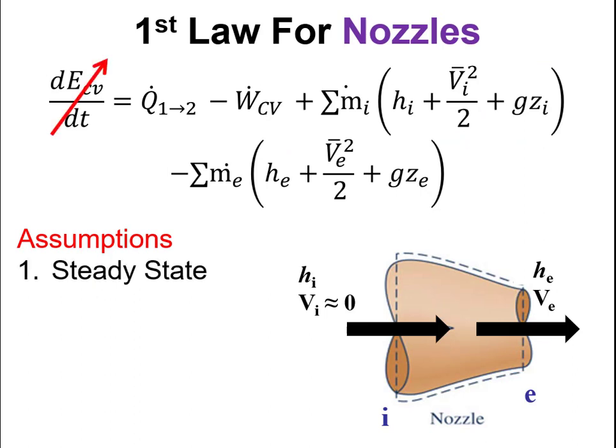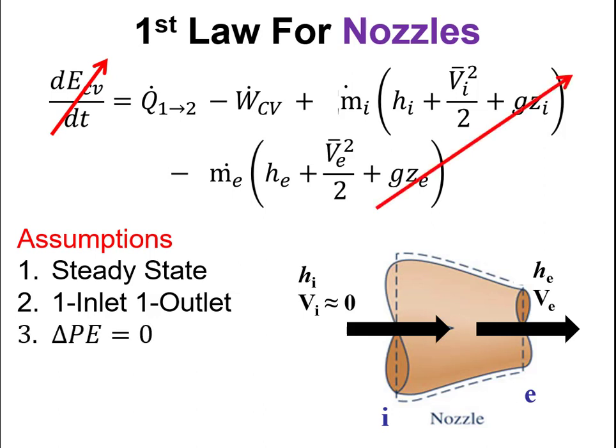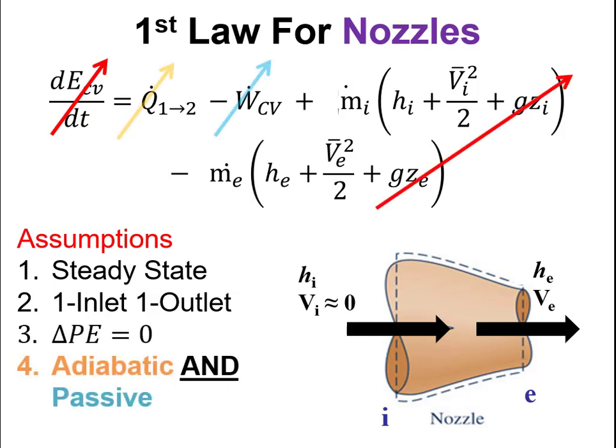For our nozzle, we'll assume that it's steady state, that there's only one inlet and one outlet, that there's no change in potential energy, that the component is adiabatic and passive, and that the velocity inside my engine, which is the velocity inlet to the nozzle, is negligible.